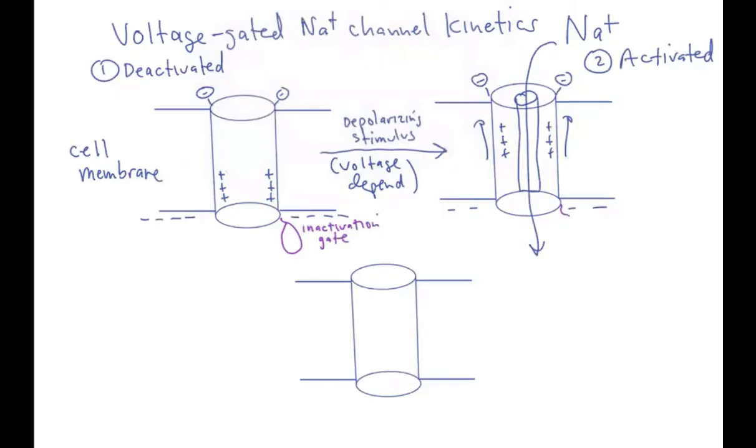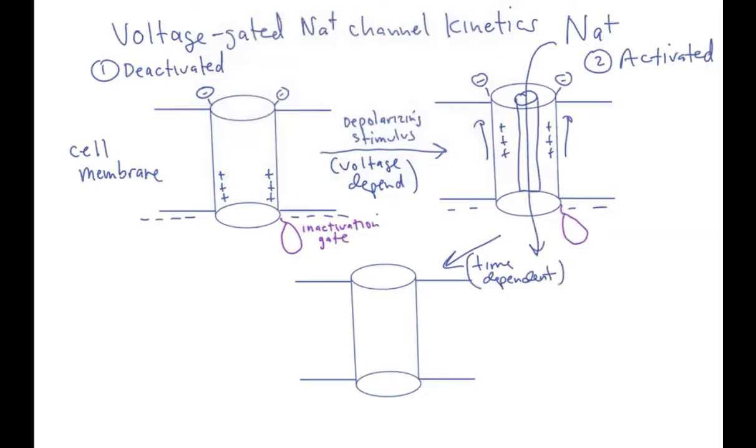Now, we still have this inactivation gate off to the side. And what's going to happen is as soon as the channel opens up, that inactivation gate is going to be attracted to that pore. And so very quickly, as we transition from number 2 to number 3, this is going to be transitioning us in a time-dependent manner.